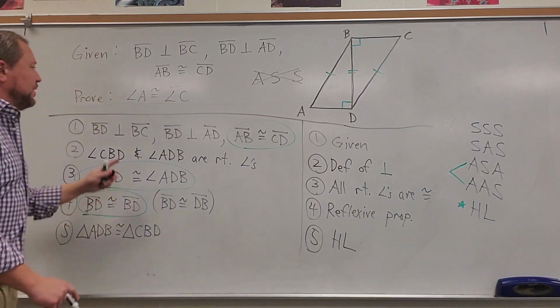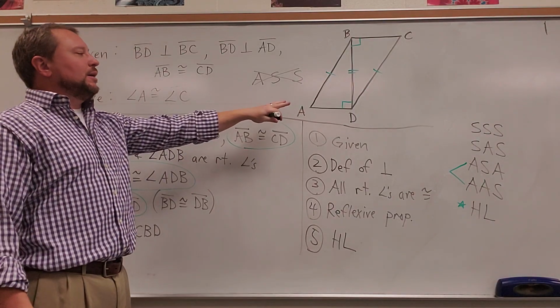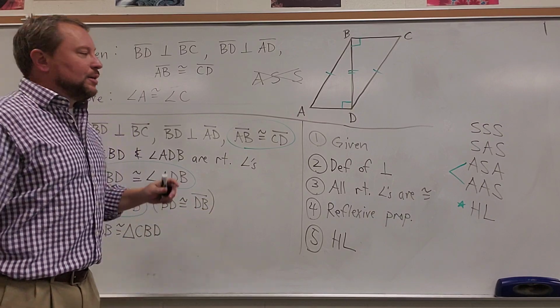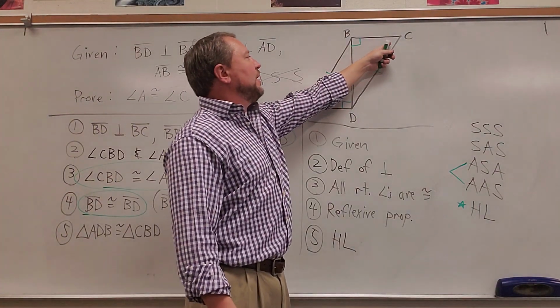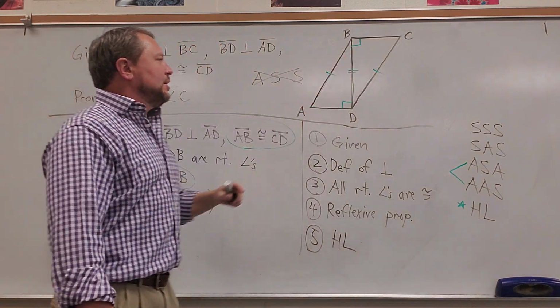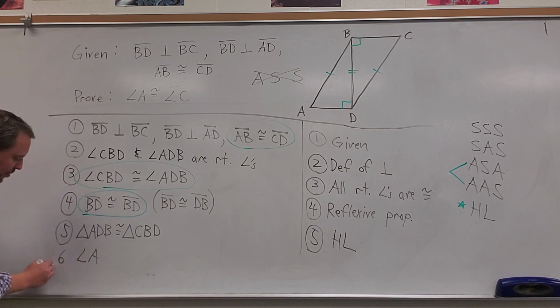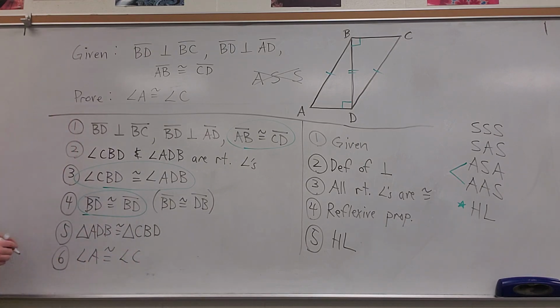We're not done though, because look, we had to prove some parts congruent. But once the triangles are congruent, all of their corresponding parts match, including this pair of angles. It's one of the last pair of angles we don't have. See that? The A and the C. So we can state then, as a final step, step number 6, that angle A is in fact congruent to angle C. And do you remember the reason?